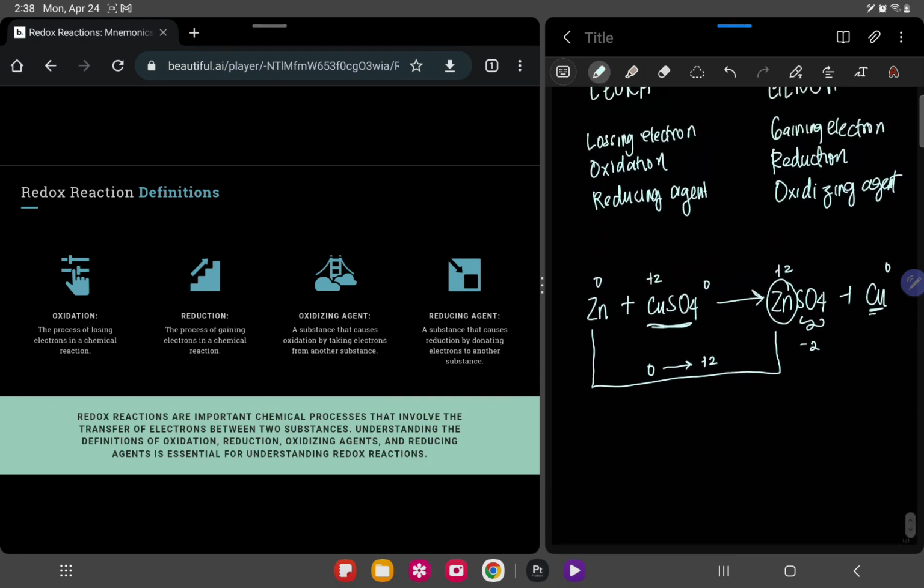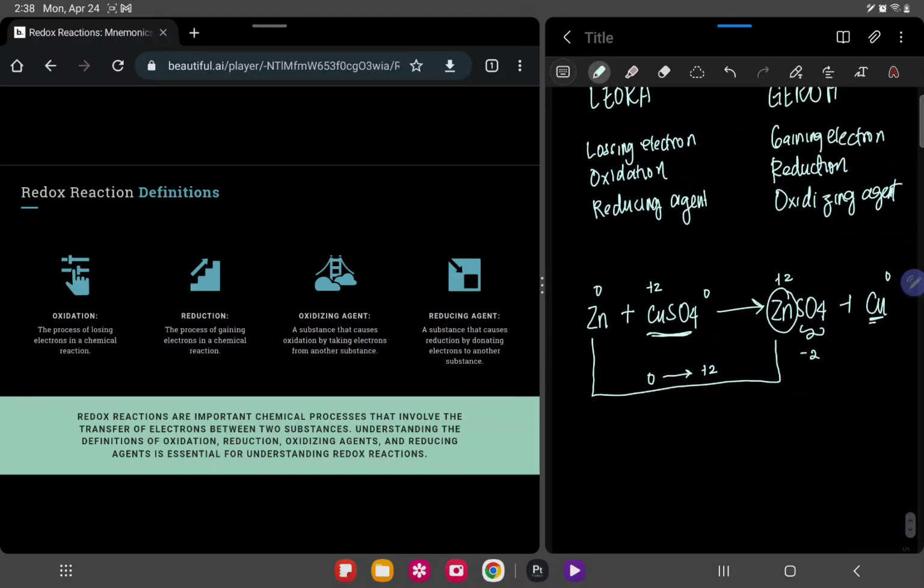You may be confused because it is gaining with a +2, right? But I'm saying that there is a losing of electrons in here because the charge of an electron is negative. Remember that. And in this area, from 0 to +2 means losing more negativity. That means this one is increasing the oxidation state.